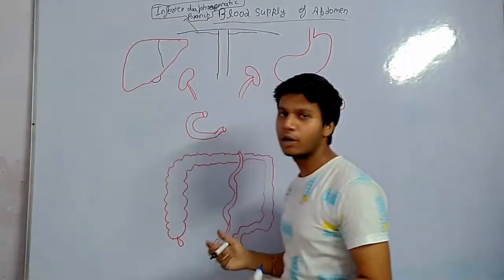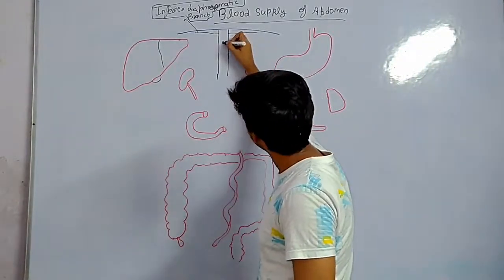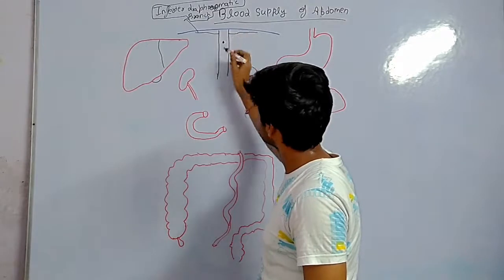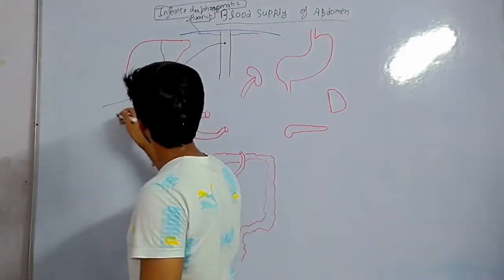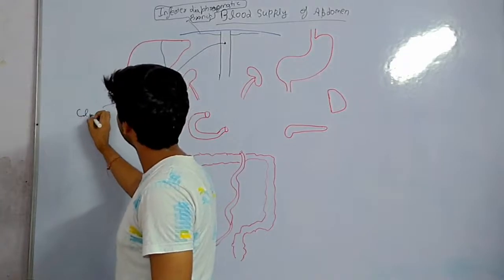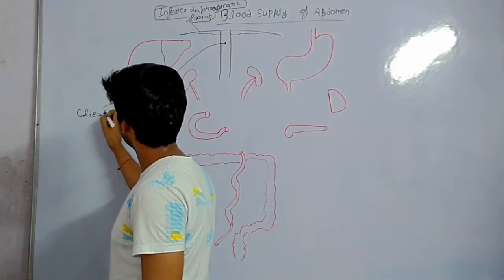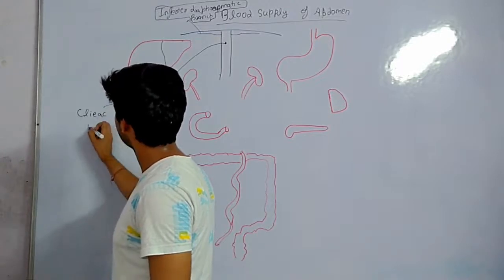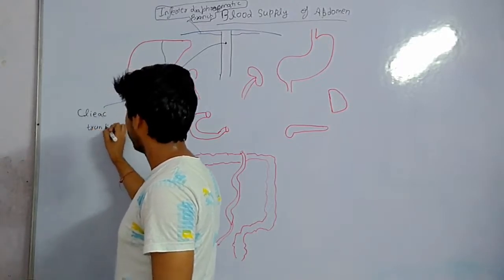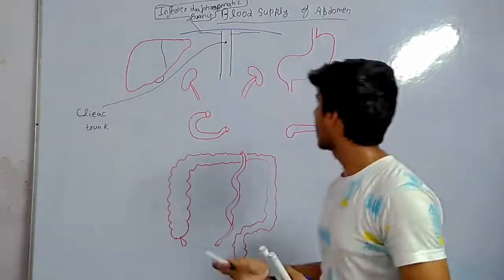Basically we will cover that later. First, a trunk called the celiac trunk. This is called the celiac trunk. The celiac trunk gives many branches and supplies the organs.